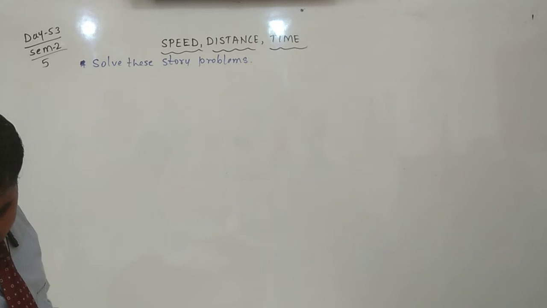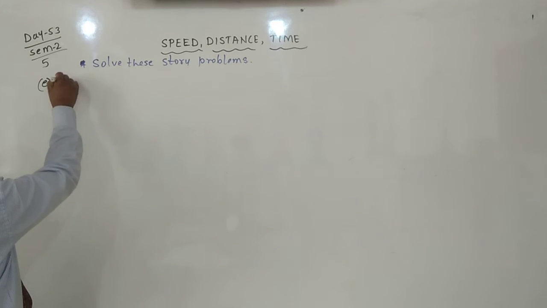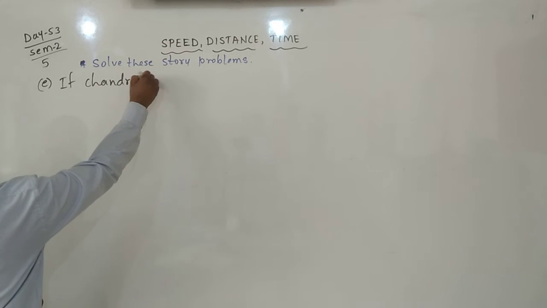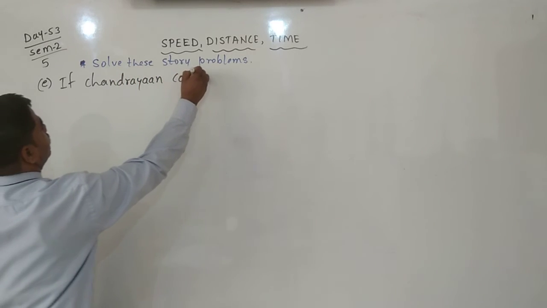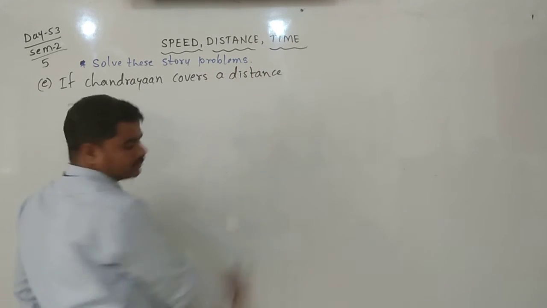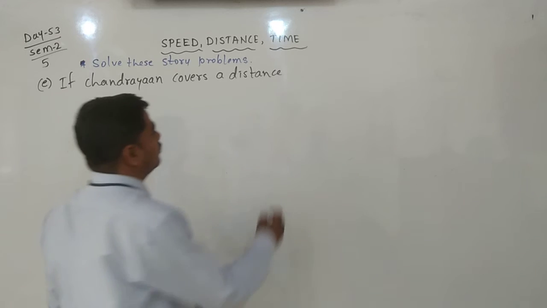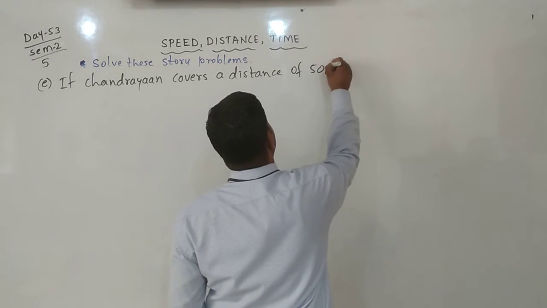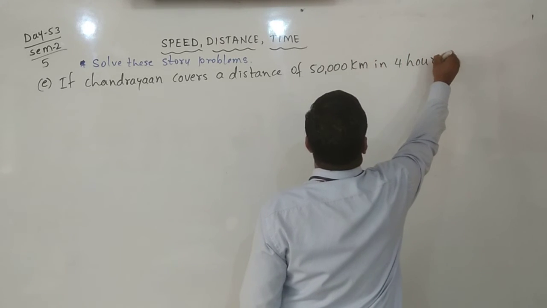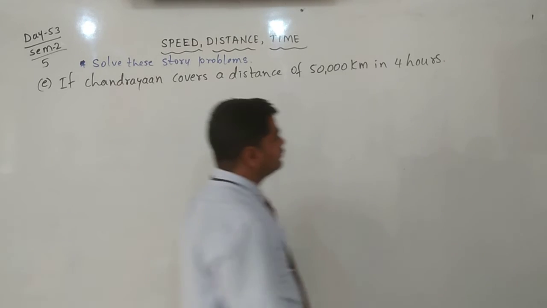If Chandrayaan covers a distance of 50,000 kilometers in 4 hours, then you should find its speed.